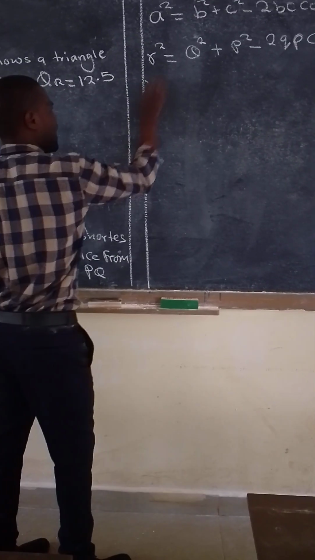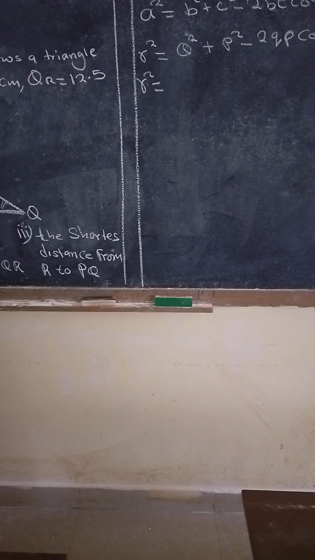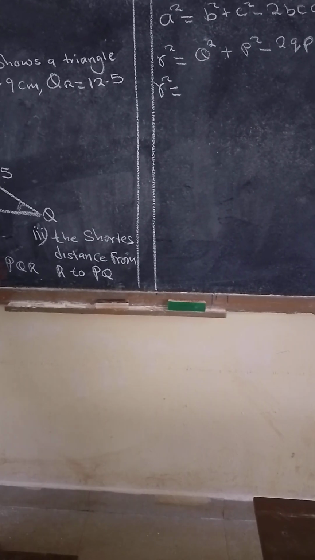So r squared is equal to, now q, what is the side of q? The angle is here, and the opposite side we have been given is 8.9.